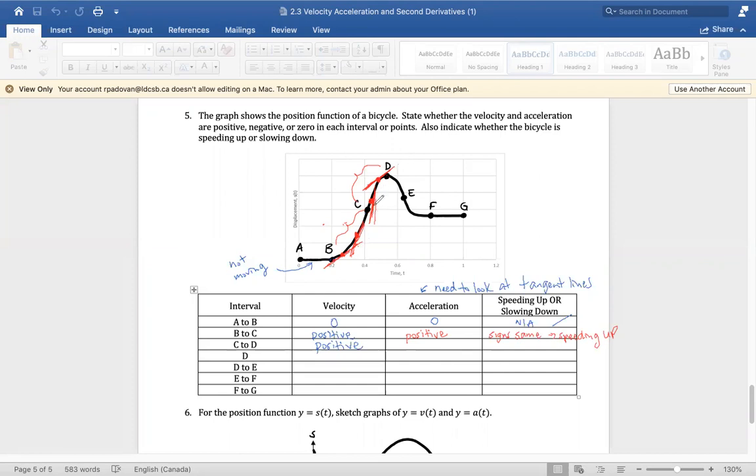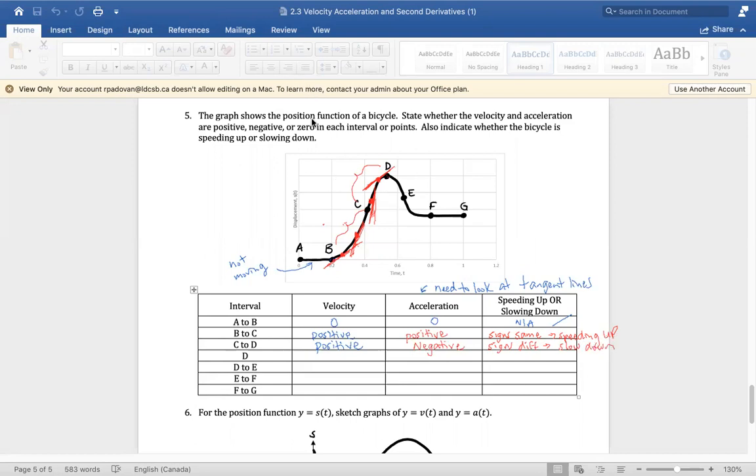My tangent lines are positive to not as positive, the number would not be as large, so I would say that the acceleration is negative. Here the signs are different, and if the signs are different, then I'm slowing down. As I'm reaching this peak of D, the bicycle is starting to slow down.